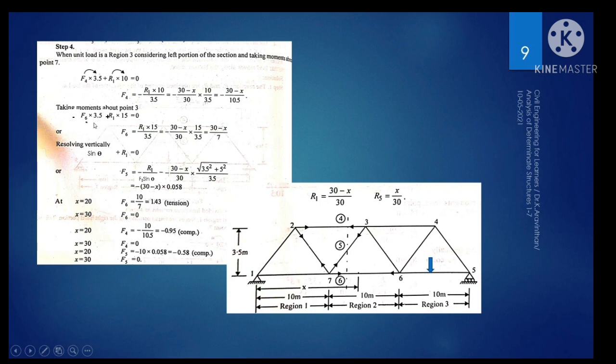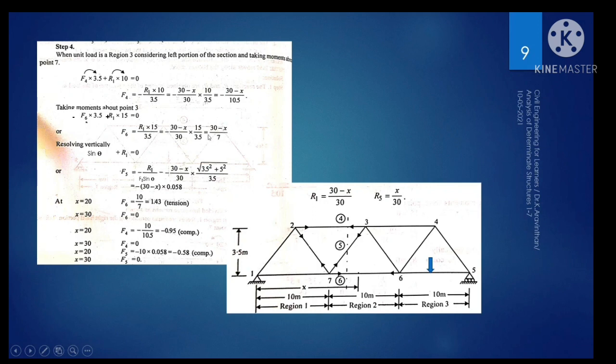So if you want F6, you can take everything to the opposite side. Then for R1, 30 minus x divided by 30, into 15, equal to plus 30 minus x divided by 7.